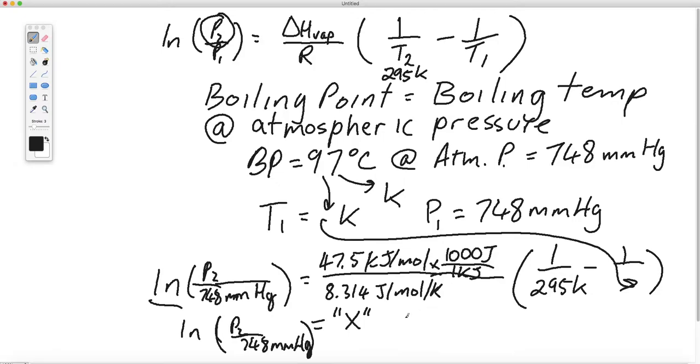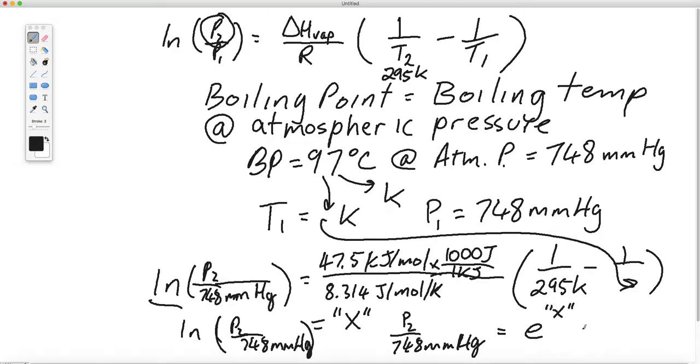So now we've got to isolate the P2. What we can do here is the inverse of the natural log of both sides, which would be e to the power of. So we end up looking at something like this: P2 over 748 millimeters of mercury equals e to whatever we got for x there.